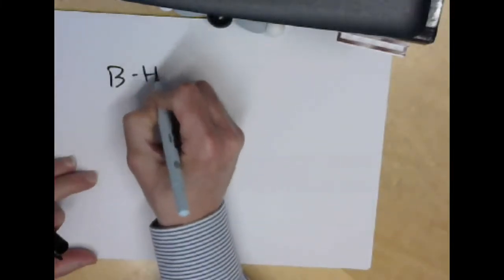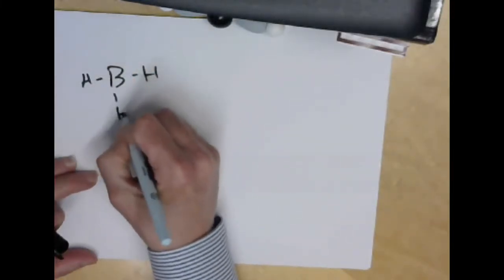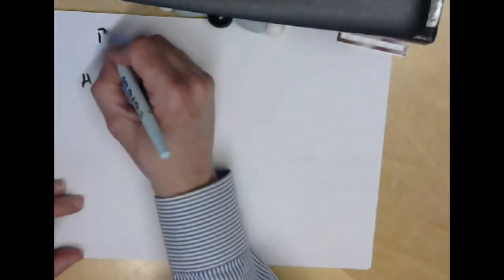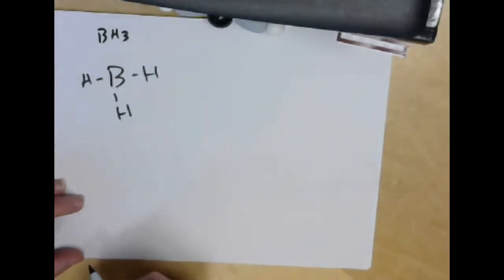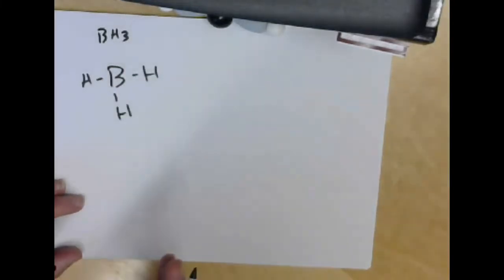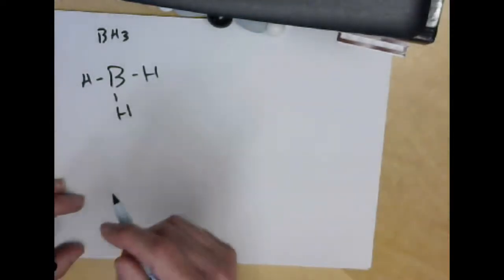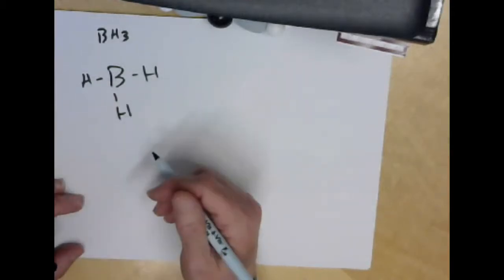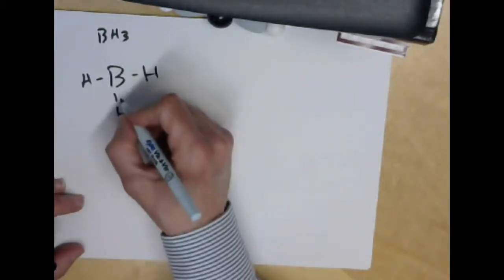Let's look at a molecule like BH3, boron trihydride. Now this is an OK Lewis structure. Now remember, boron can be electron deficient. And so we only have 6 electrons, right? Because that's all we have in the molecule to be able to draw.